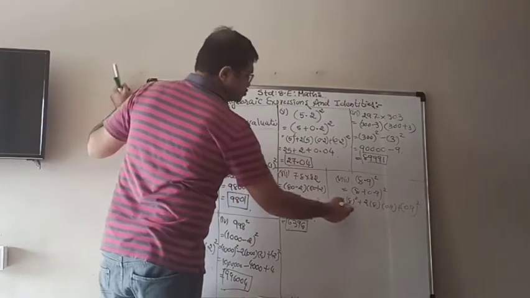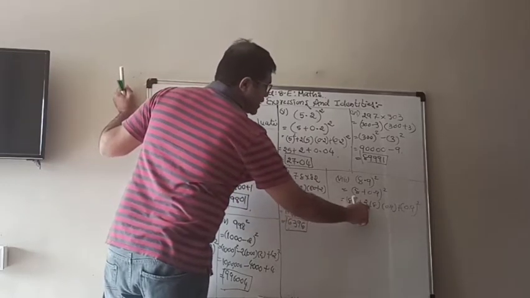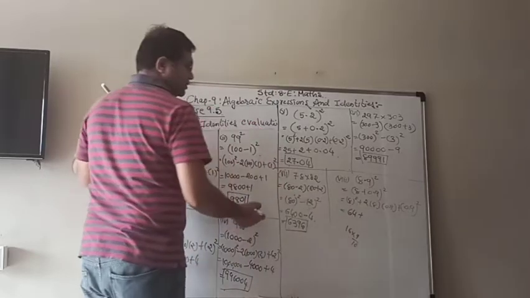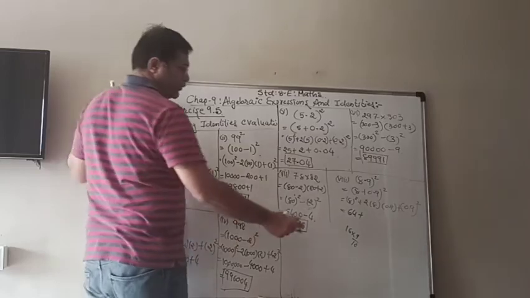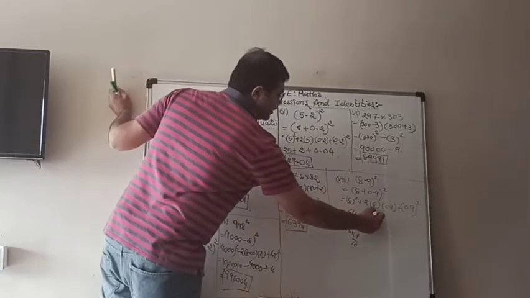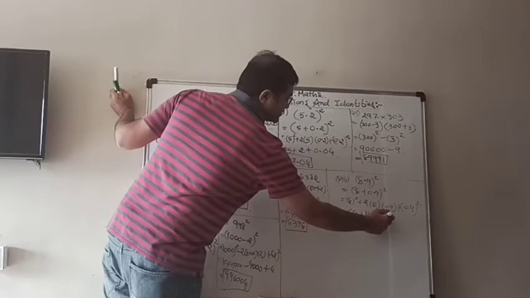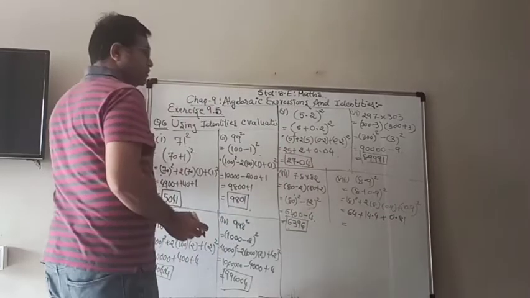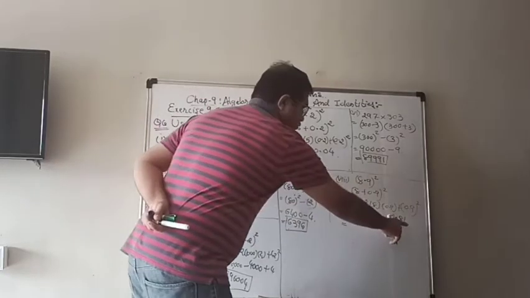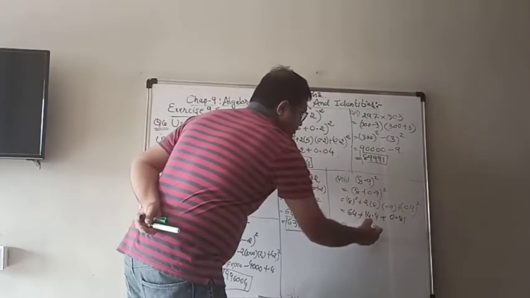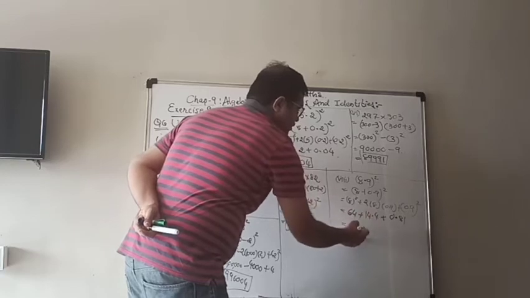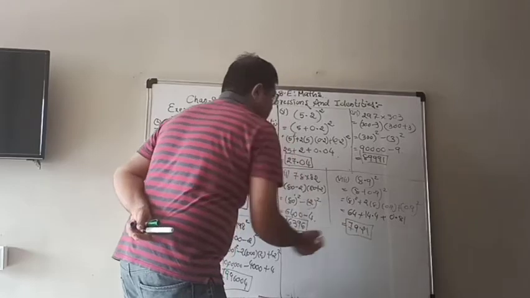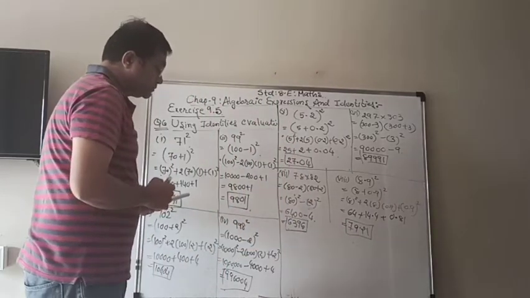So 8 square is 64 plus 2 into 8 into 9 upon 10. 16 9s are 144, so it will be 14.4 plus 0.81. Now we have to add them. So it is 79.21.